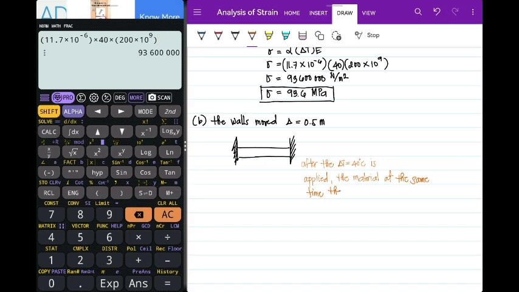So after the temperature changed from 20 degrees to negative 20 degrees Celsius, the material, at the same time the wall, moved together with a difference of 0.5 mm. Should be an mm.